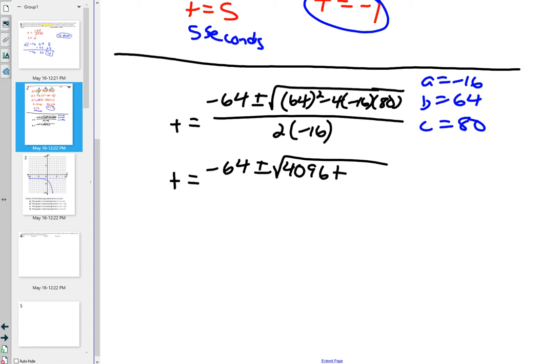I know it's 64 times 80, but I don't know. What is it? 1280? 4 times 16 times 80. 5120.